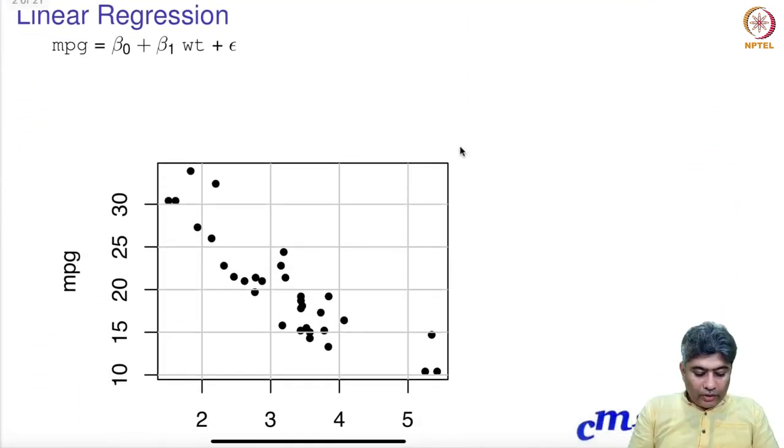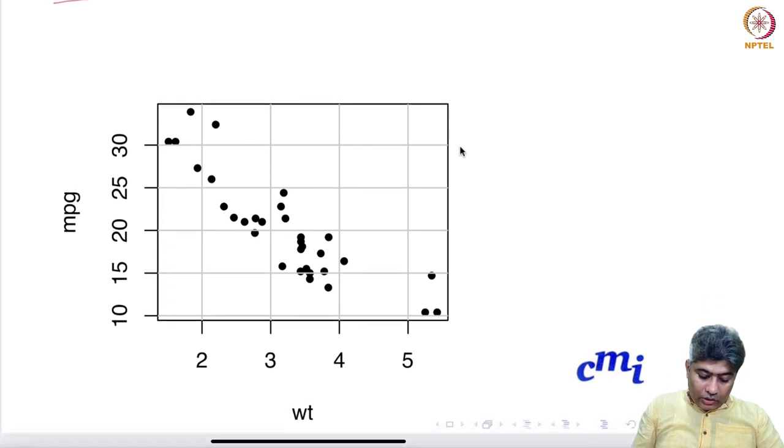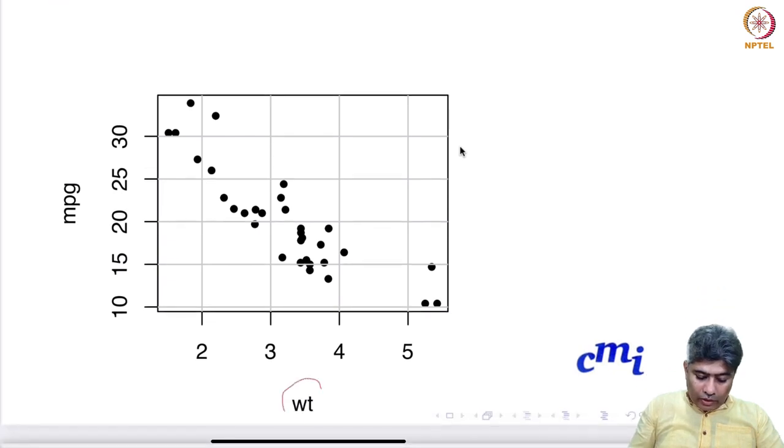We will start with a basic simple model with the mtcars dataset. In this dataset, our target variable is miles per gallon, and we are trying to fit weight on the x-axis and miles per gallon on the y-axis.